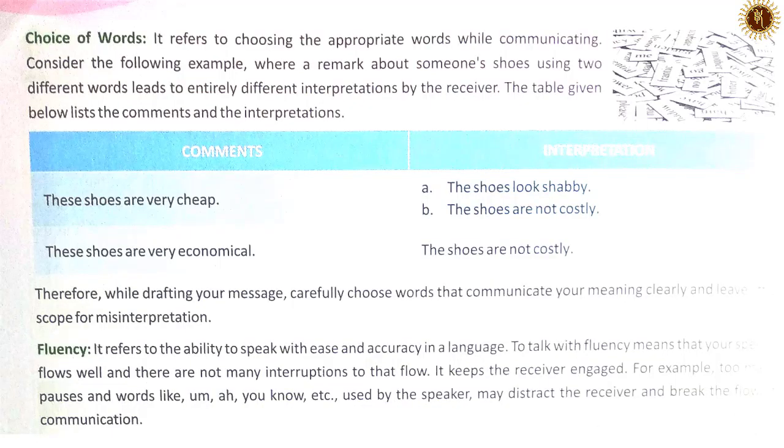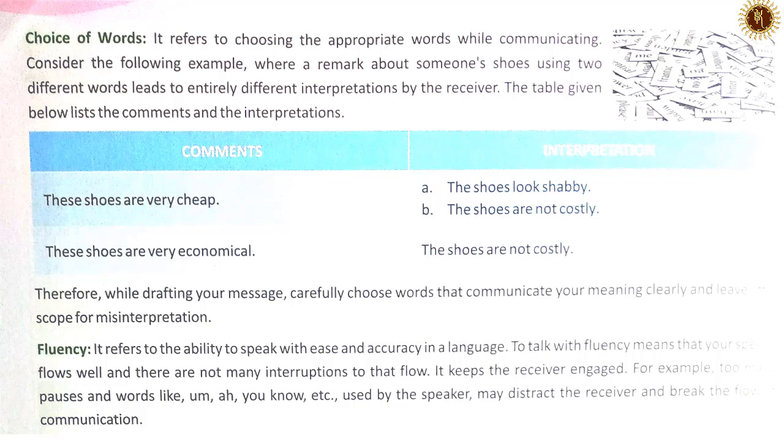Next is choice of words. It refers to choosing the appropriate words while communicating. For example, a remark about someone's shoes using two different words leads to an entirely different interpretation by the receiver.